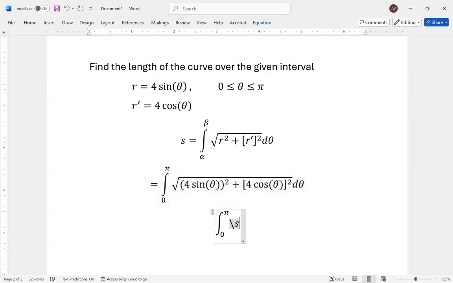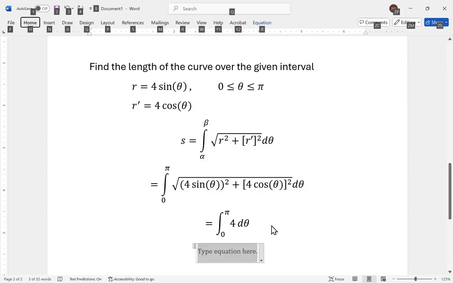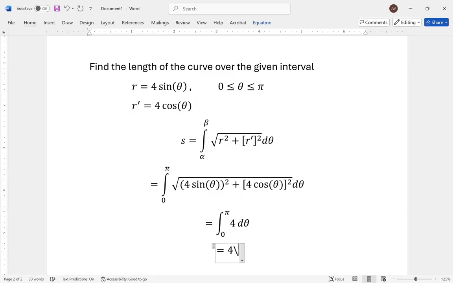So I get the square root of 16 times 1 integrated with respect to theta. The square root of 16 is just 4. When I integrate that, if I do this by hand, I end up with 4 pi.